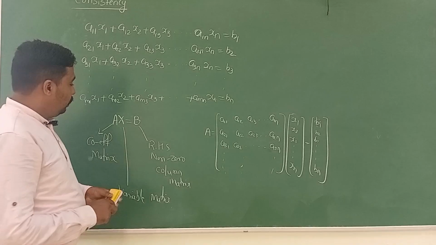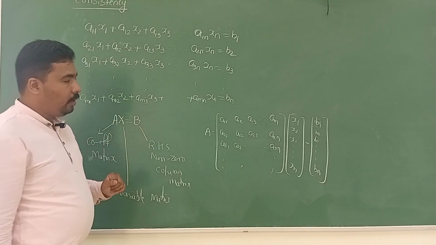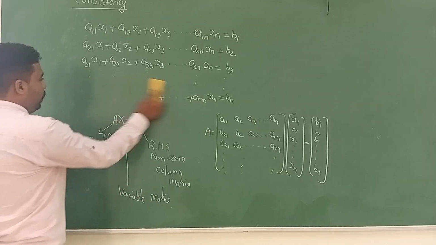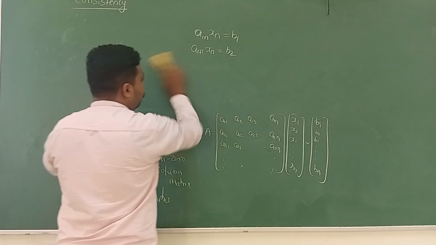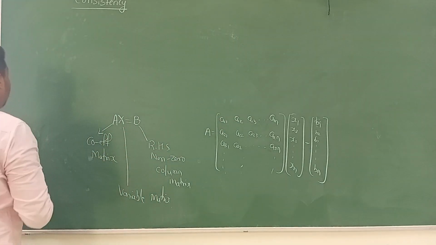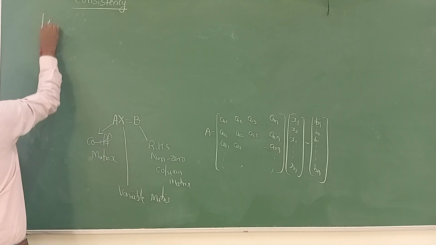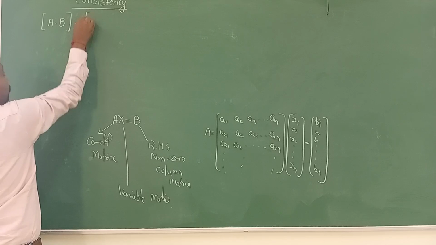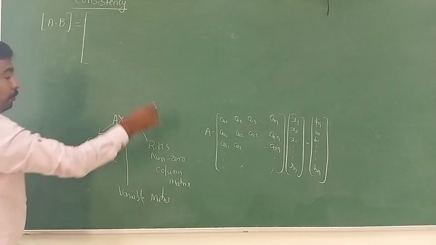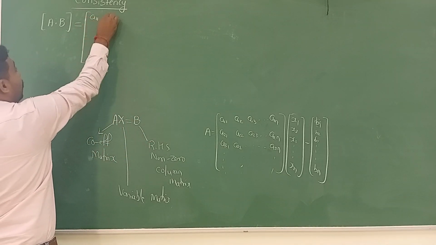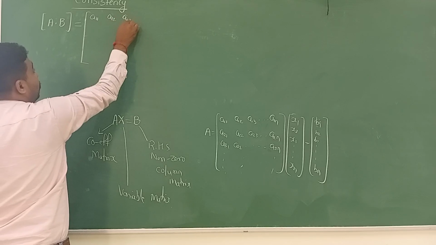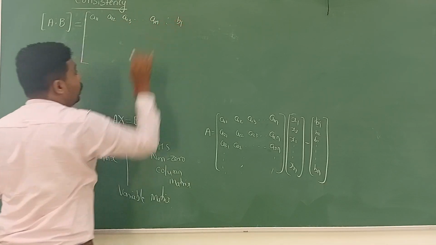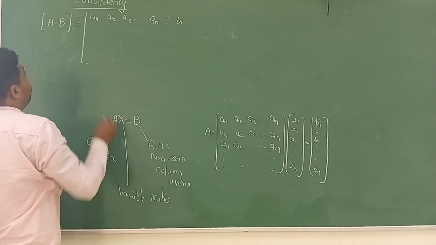Now here we have the matrix equation Ax equal to B. From this I will write one important thing. I will write [A:B]. It looks like this: A will be a11, a12, a13, a1n, with the corresponding element of B, which is b1.